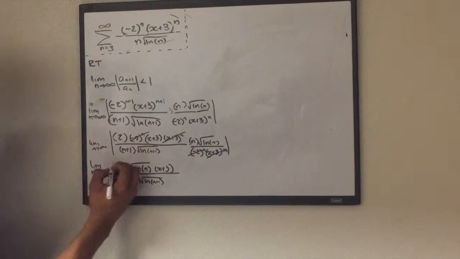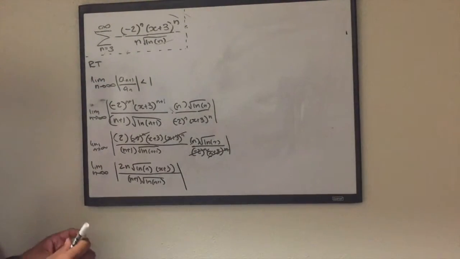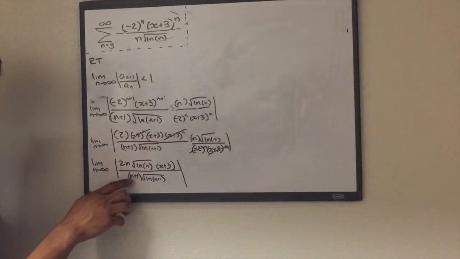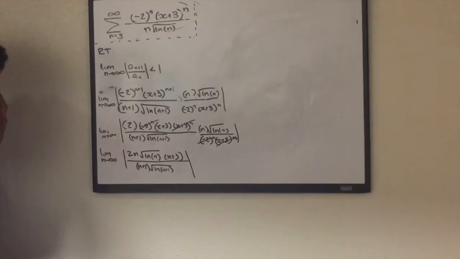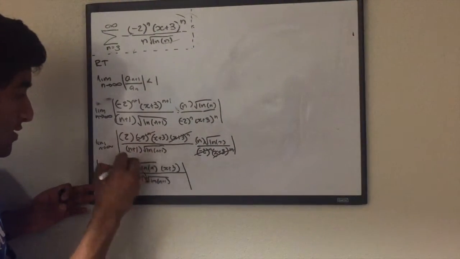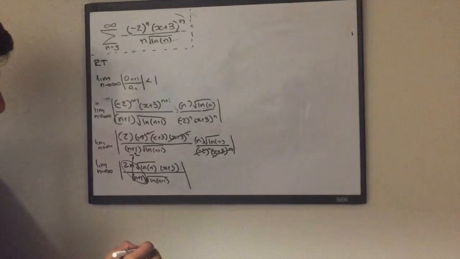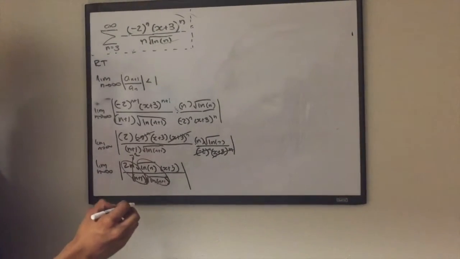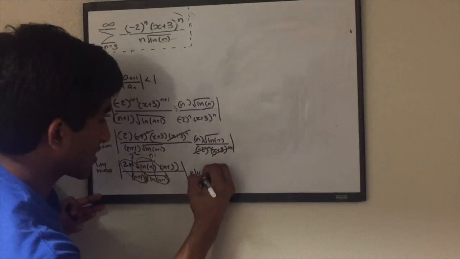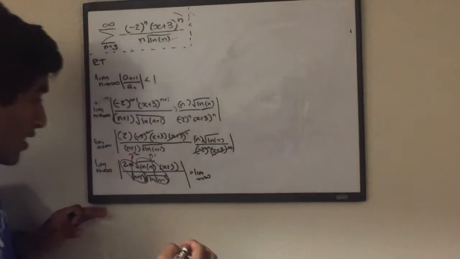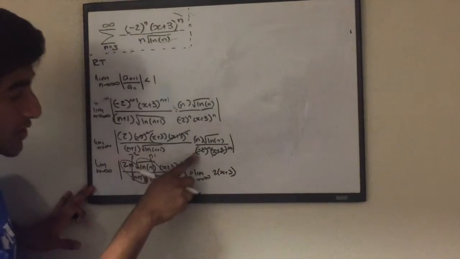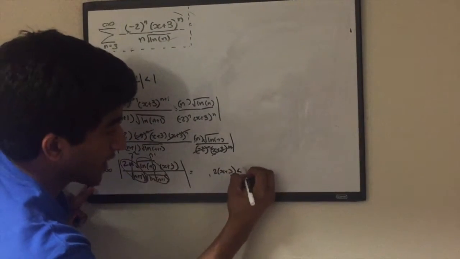From our knowledge of taking limits in previous classes, because the coefficients of n are equal to 2, if you divide them, we can say that these terms go to 2. Because the coefficients here are the same, we can say that these terms go to 1. This leaves us with the limit as n approaches infinity of 2 times the absolute value of x plus 3, and so the limit goes away, is less than 1.